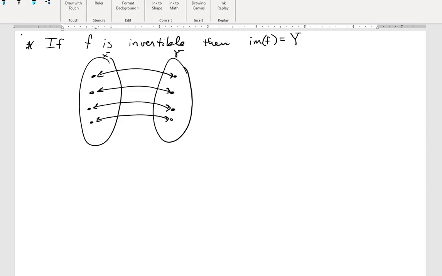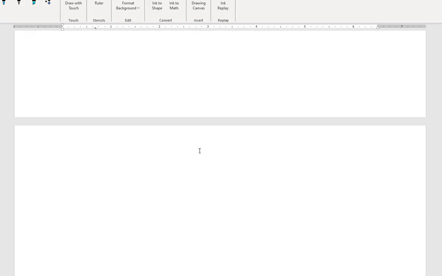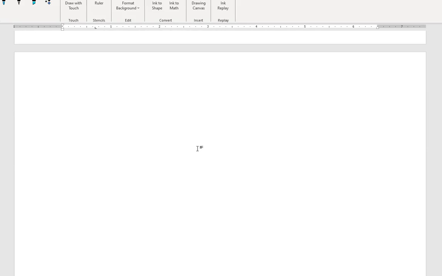Everything in the target space gets mapped to and maps back. Notice how the arrows are double-ended. It maps both ways. F goes one way, and then F inverse goes the other way. If you don't have that one-to-one correspondence, you can't map back, because somebody'd have two arrows or no arrows coming in.